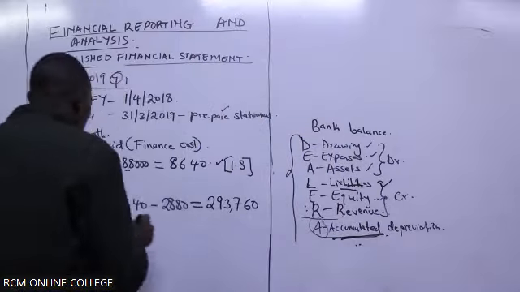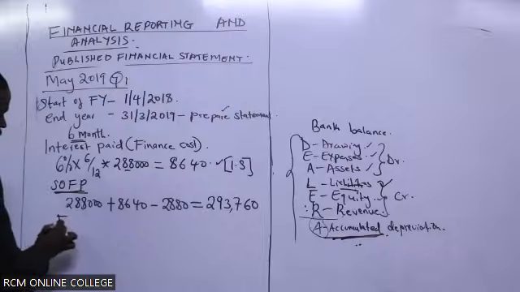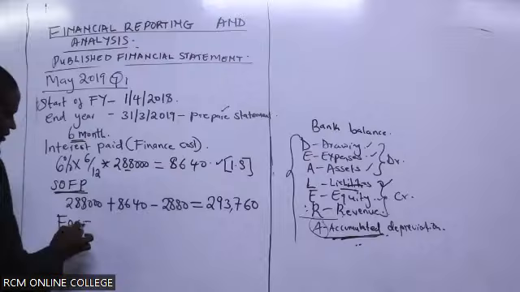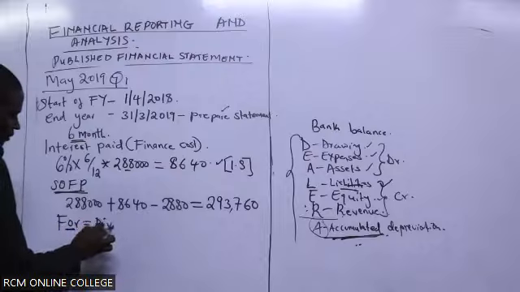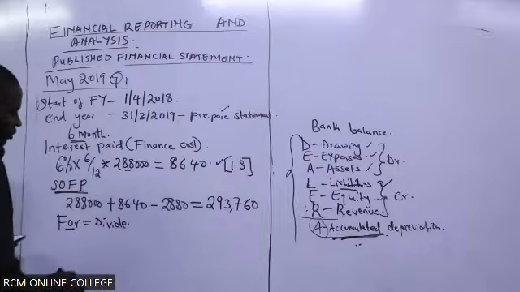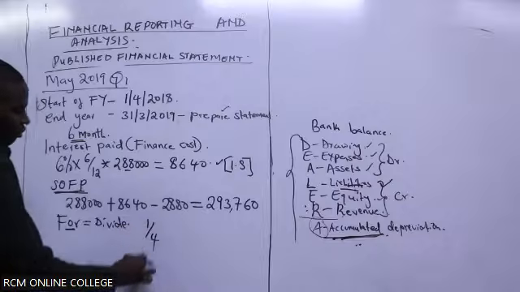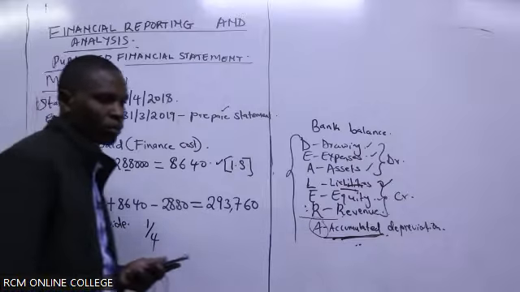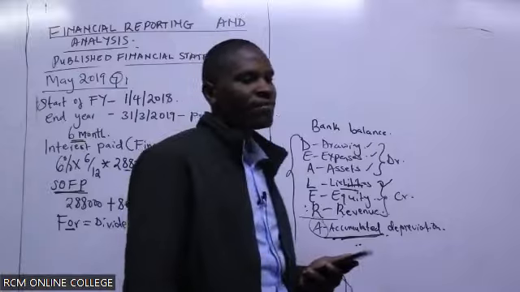I told you this is 1/4. Once they use 4, divide. Please, divide. So that will just be 1 for 4, 1 share for every 4.